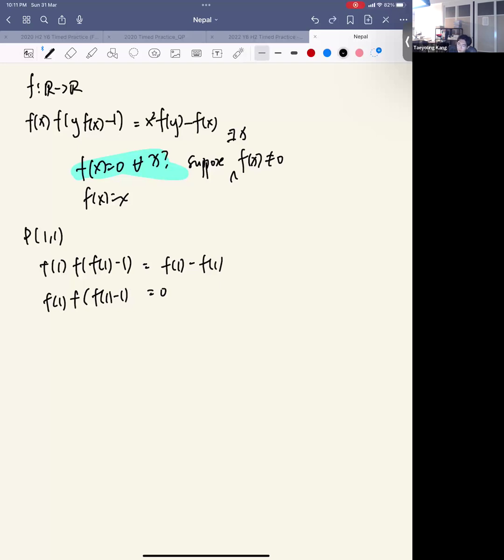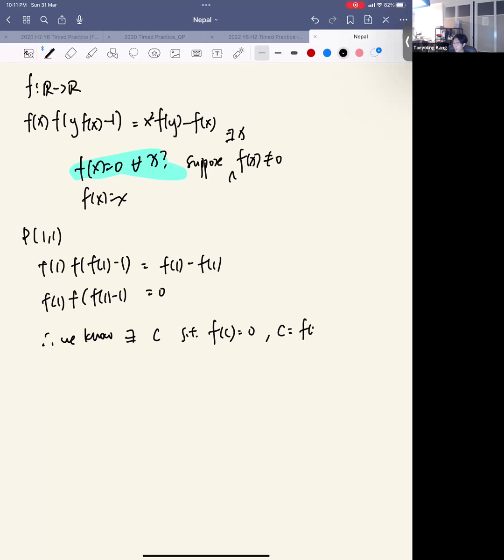So hence we know that there exists a constant c such that f(c) is equal to 0, where c is equal to f(1) - 1.